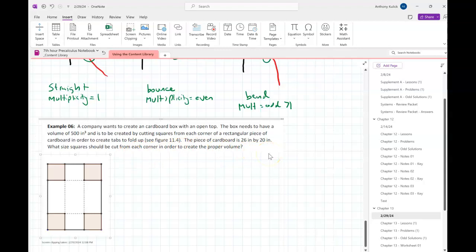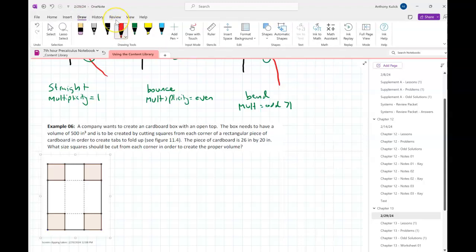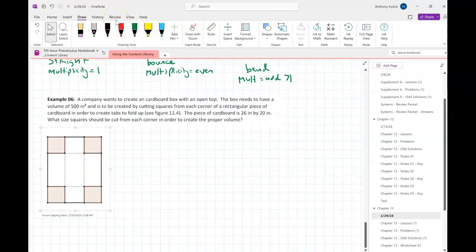It says the piece of cardboard is 26 by 20 inches, and we're asked to figure out the size of squares that are cut from the corners in order to create that box with 500 cubic inches of volume. So let's write down some stuff that we know or that we're given.